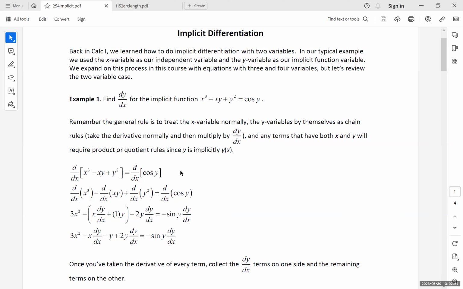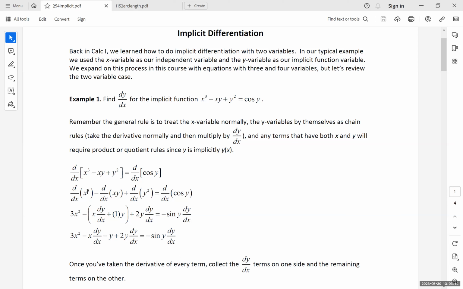Now, in our example, what we're going to do is take the derivative with respect to x of both sides of our equation. So the derivative of this side and the derivative of this side. Then I'm going to distribute my derivative operator to each term separately, because we know we can do that for derivatives.